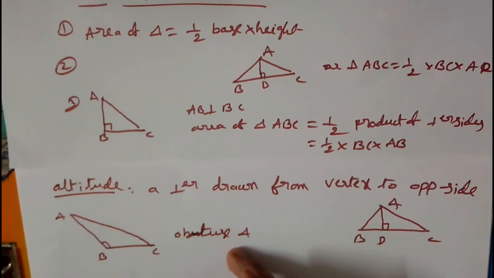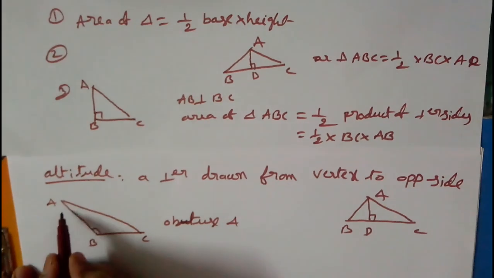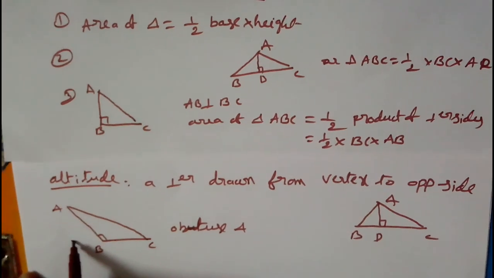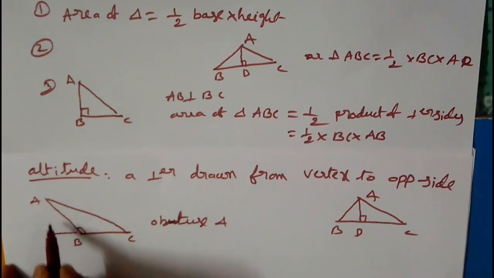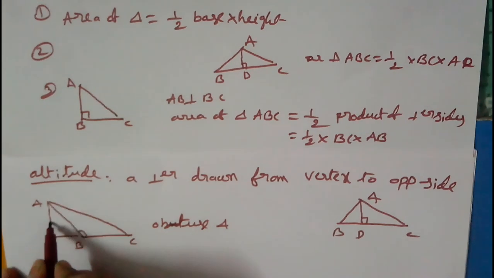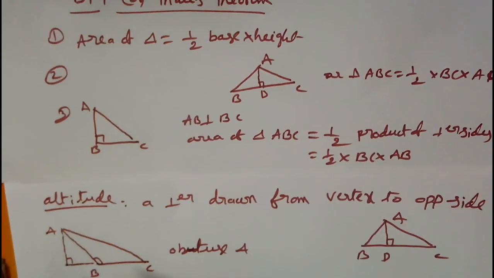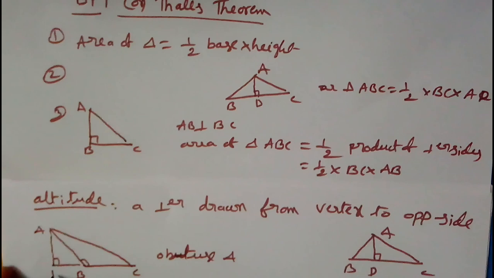No. If we consider an obtuse triangle, the altitude may be outside. So produce BC to D, draw AD. The altitude is outside the triangle.